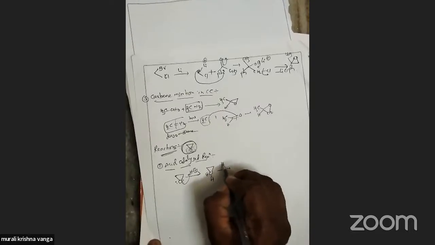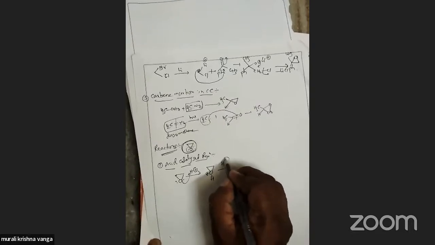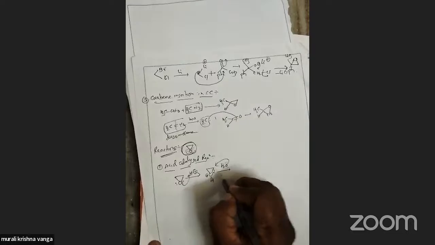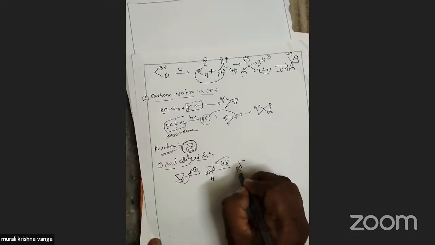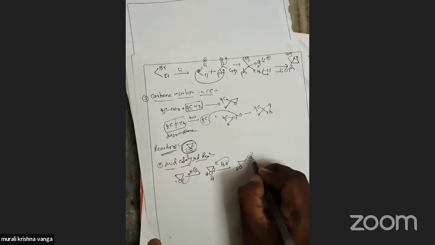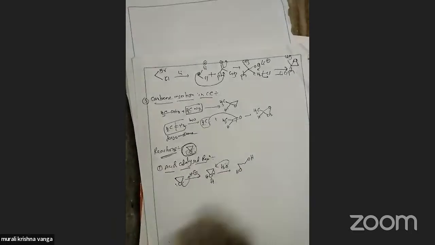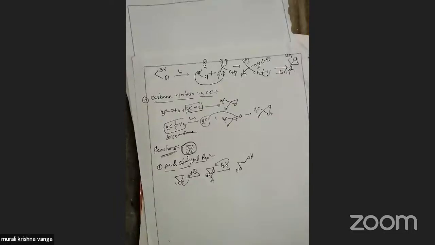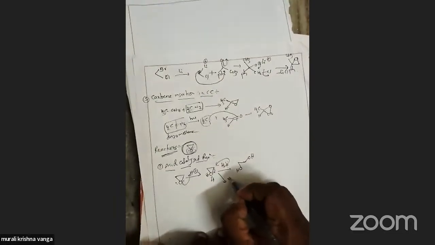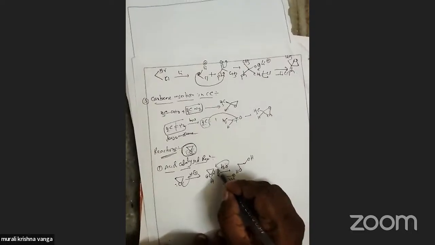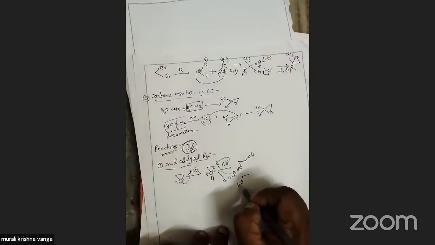This positive charge is highly unstable. When the nucleophile attacks the carbon, the bond shifts towards the positively charged oxygen, then produces HOH, a 1,2-diol. Other than the hydroxy group, if you take any nucleophile, the nucleophile substituted product will be formed.